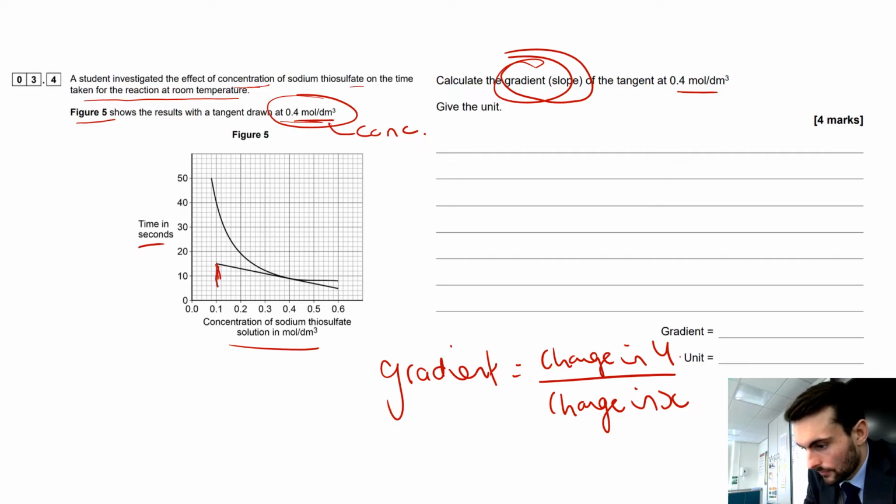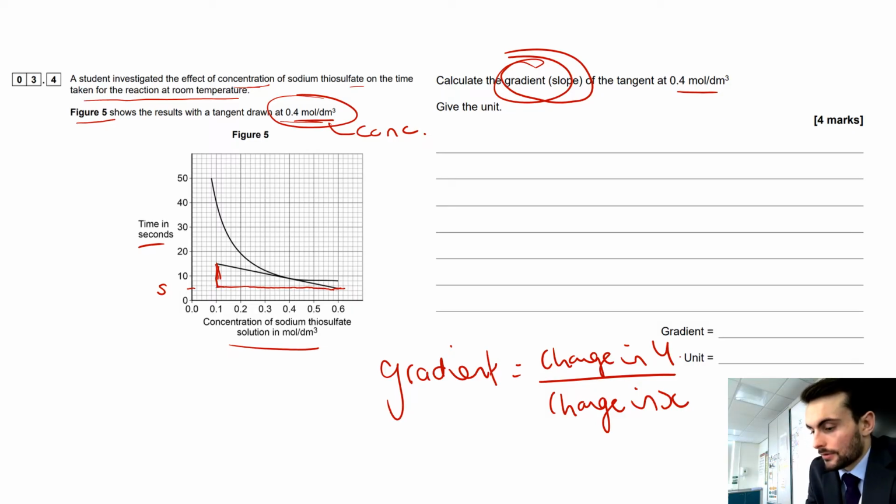I would just use the full thing. So for that one, that is at 5 for the y-axis, and then if we draw along, let me just rub that out, draw it along, complete the triangle like that.